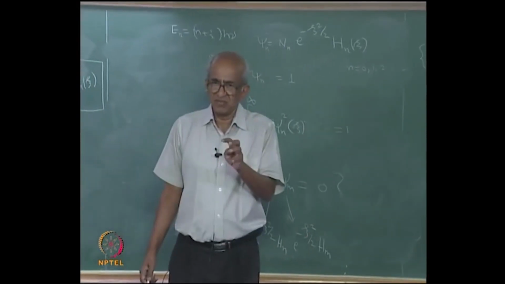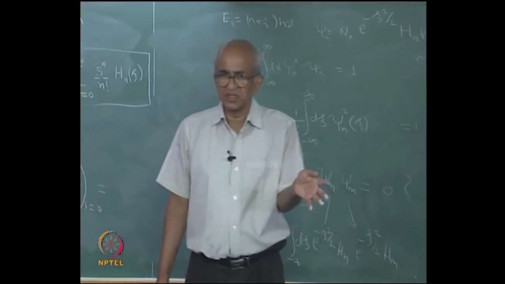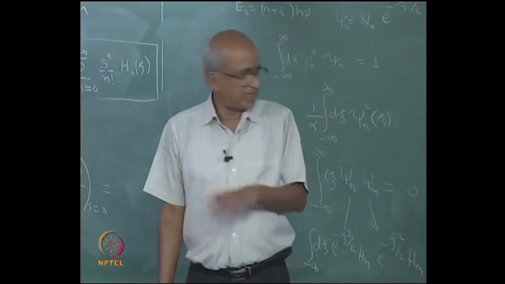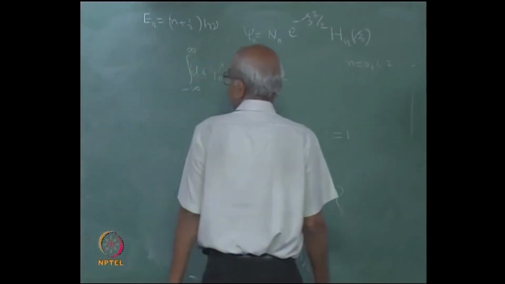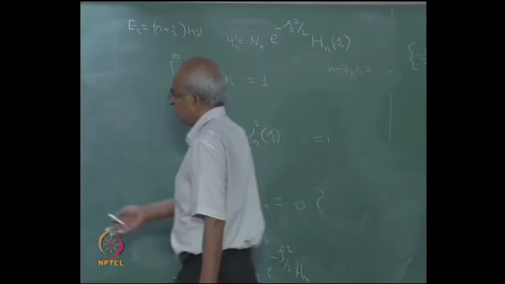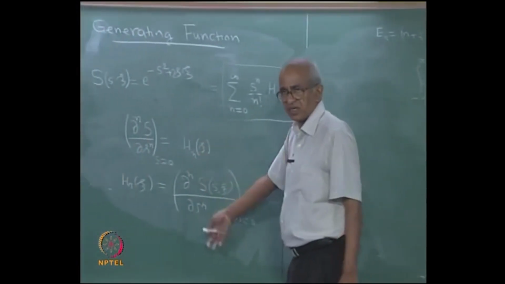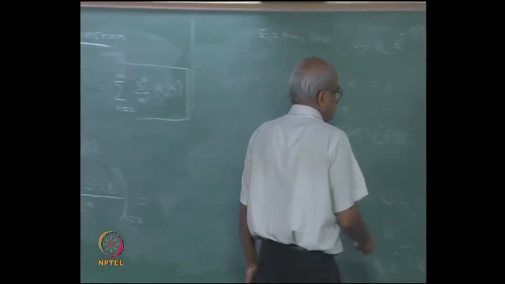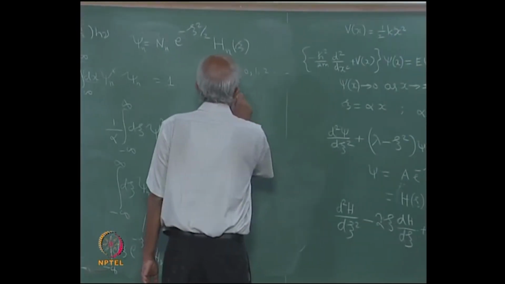It is somewhat complicated because we have seen the expression today morning. It is there in your notes. Hn may be obtained by this kind of formula. Well, maybe I should just write it to remind you how it looks like.